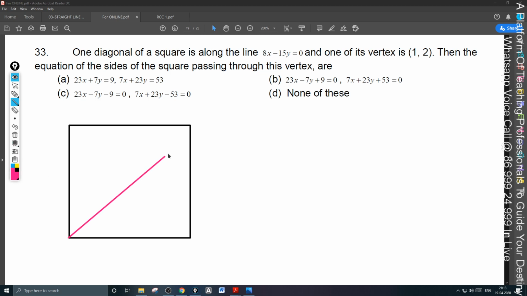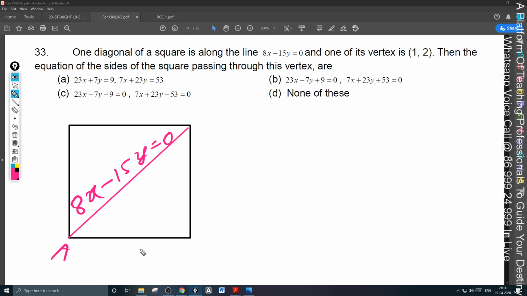Let me say this diagonal is given to be 8x minus 15y is equal to 0. This is 8x minus 15y is equal to 0. And one vertex is (1, 2).